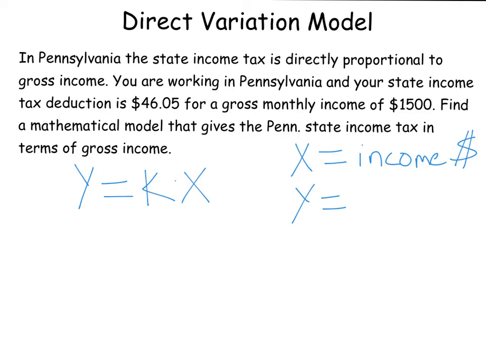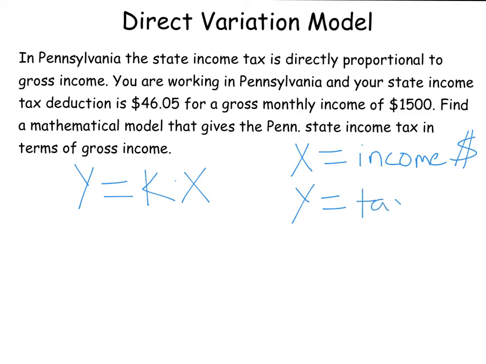I could be more thorough and say it's an individual's income in the state of Pennsylvania. The biggest thing I'm concerned about in these problems is that if you don't even attempt to define your variables, that's not good. You've got to make sure you do it. So I'm not going to be super picky about it.